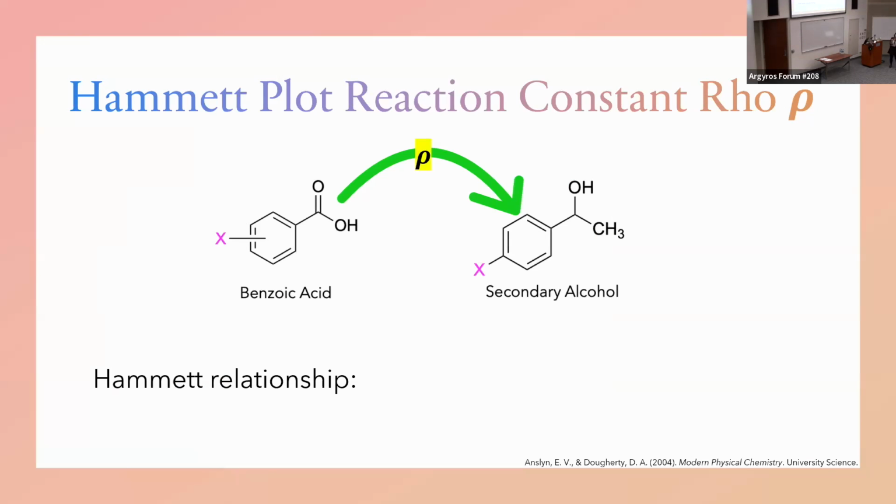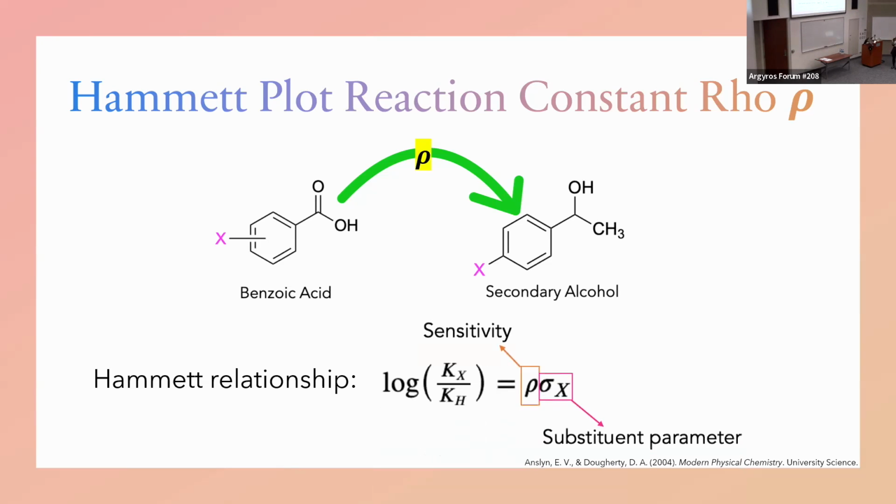And because in organic chemistry, we always want to explore and investigate all kinds of unknown reactions, in our case, we wanted to study the substituent effect on the rate of alcohol oxidation. So we introduced this Hammett plot reaction constant parameter rho, which measures the sensitivity of any new reaction, in our case the alcohol oxidation, to the substituent effect, relative to the substituent effect on benzoic acid.